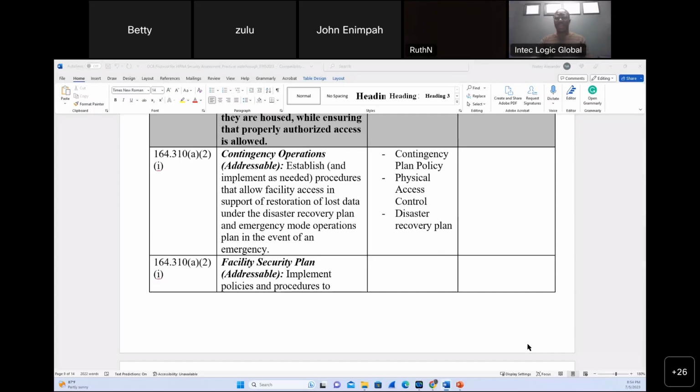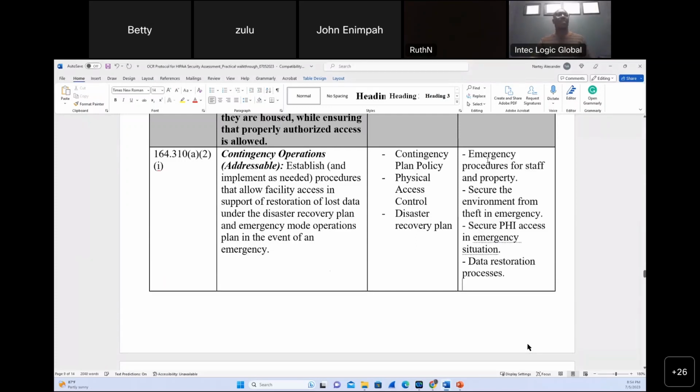Emergency, let me just copy and paste it there for the sake of time. Then I just go through. Right. Emergency procedure for staff and property. You need to have emergency procedure for staff and property. Secure the environment from theft in an emergency. Secure PHI access in an emergency situation.